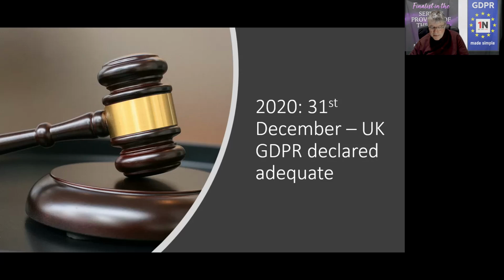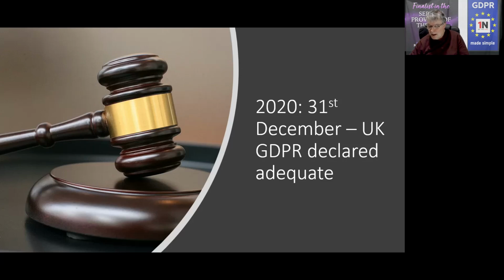And GDPR practitioners like myself were a little bit worried, well, in fact, more than a little bit worried, that might mean that the EDPB would suddenly declare that we weren't adequate anymore. And that could have given major change problems for business, really, because suddenly pretty well any business sending data to Europe would have needed to rewrite all their contracts and everything, which is just a pain.